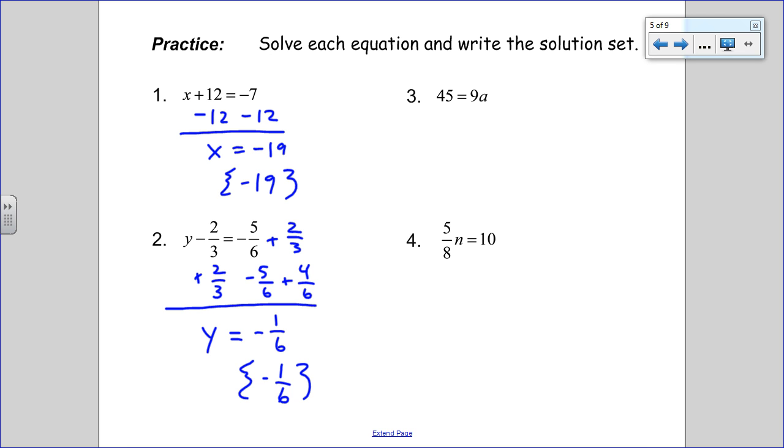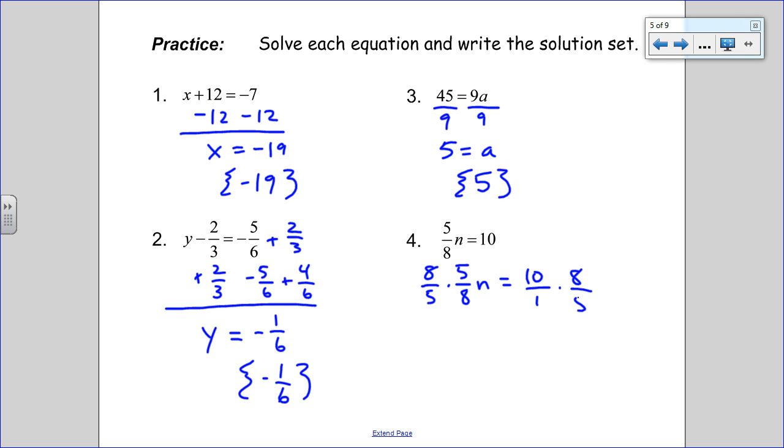In the third problem, we'll isolate the variable by dividing both sides of the equation by 9. And in the fourth example, we'll multiply by the reciprocal of 5/8 on both sides of the equation. So the solution is 16.